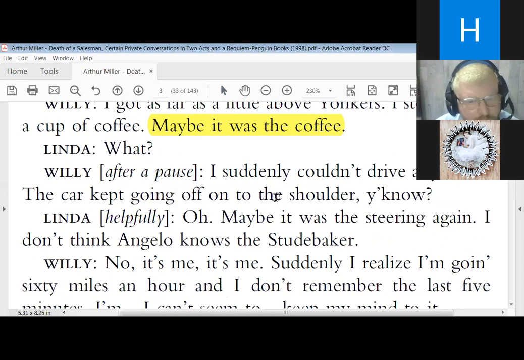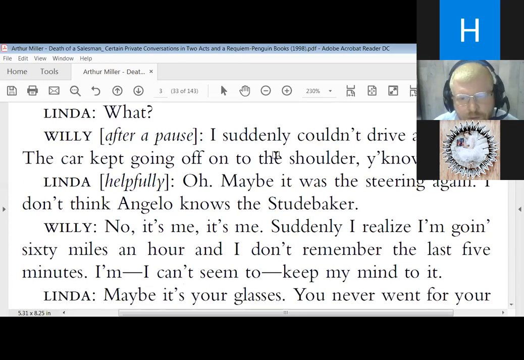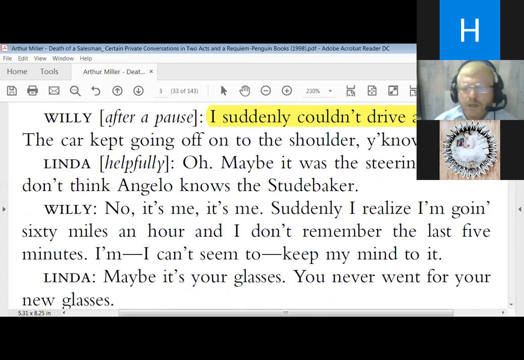The car kept going off onto the shoulders, you know." So you see, he suddenly couldn't drive anymore, and now he is starting to give specific details about what really happened. So we know from that that Linda was right at the beginning when she asked what happened.